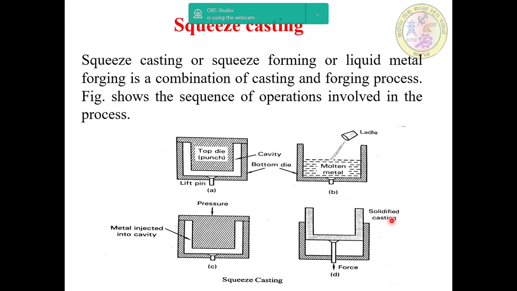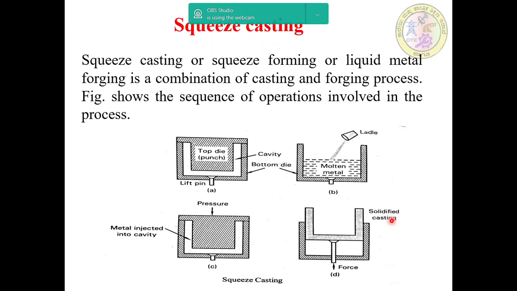Here the figure shows the sequence of operations involved in the squeeze casting process. The principle consists essentially of metering molten metal into the preheated die cavity and applying pressure to the die during solidification of the molten metal.